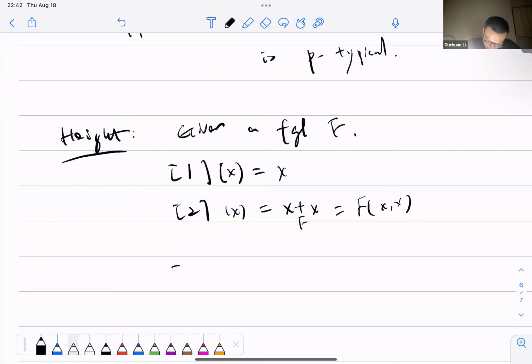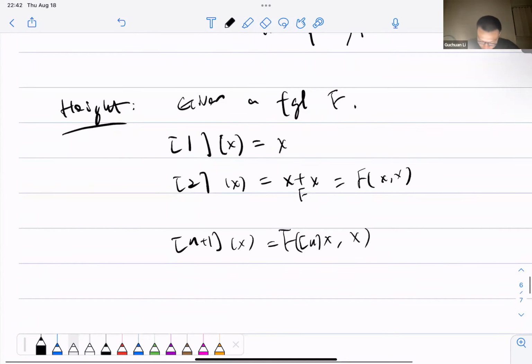So in particular, I can define the n plus 1 one after I define the n one as a formal power series. And then I formal sum x, so just like I put them in the spot of f. So this is another formal power series purely in one variable x. So that's the n plus 1 series.